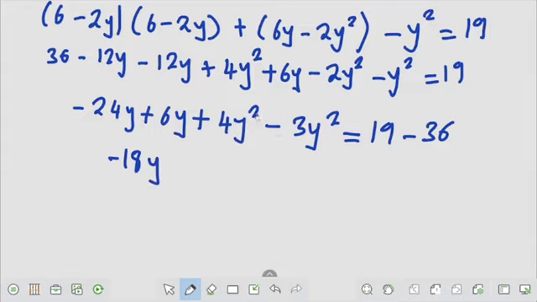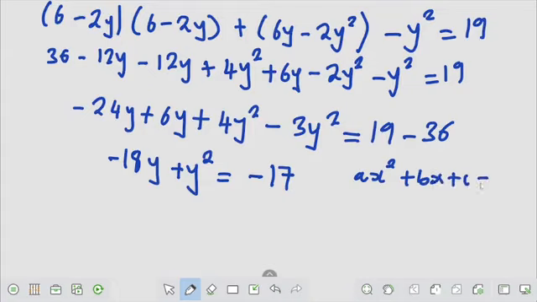Then positive 4y squared minus 3y squared will give us positive y squared, then equal to 19 minus 36, which will give us negative 17. So you have seen that this is a quadratic equation, which is in the general form ax squared plus bx plus c equal to 0.